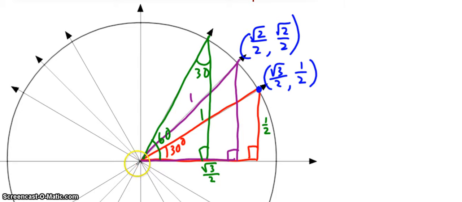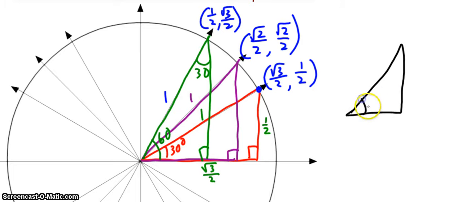So I know that this side right here has to be 1/2, and then the vertical side has to be √3/2 because the hypotenuse is still 1. And again, it's getting kind of messy in here, so I'll just draw that off to the side so you can see it a little better.